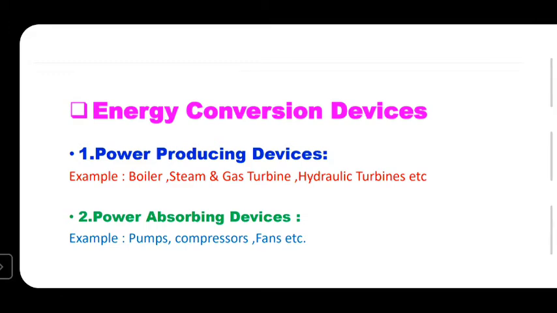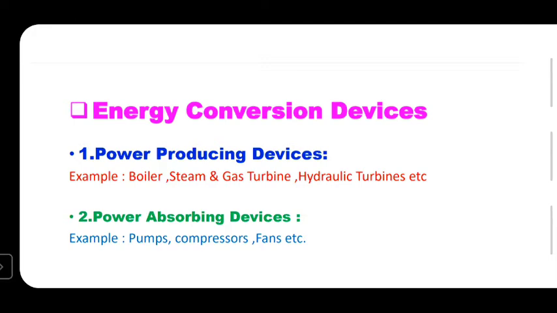There are two categories of energy conversion devices: power producing devices and power absorbing devices. In case of power producing devices, there is a mechanical output power, maybe electrical output power. We are getting output power from these power producing devices.